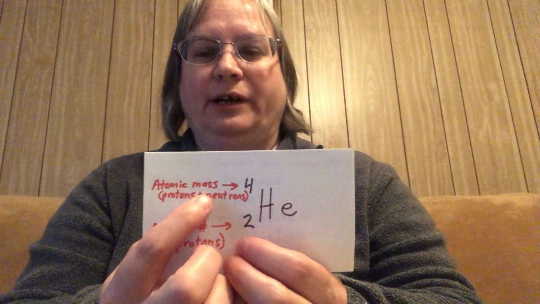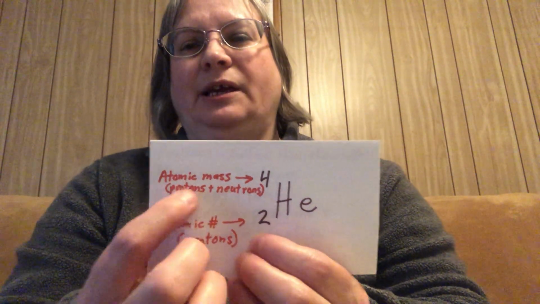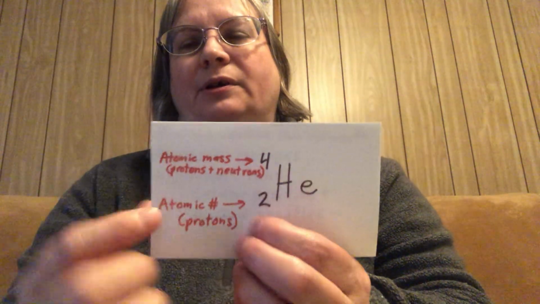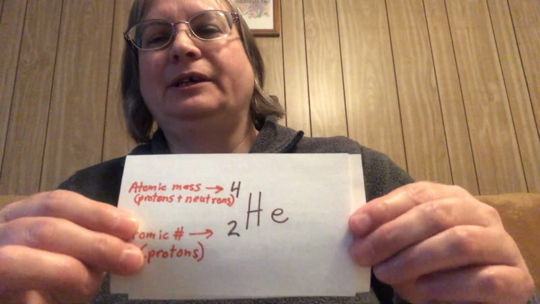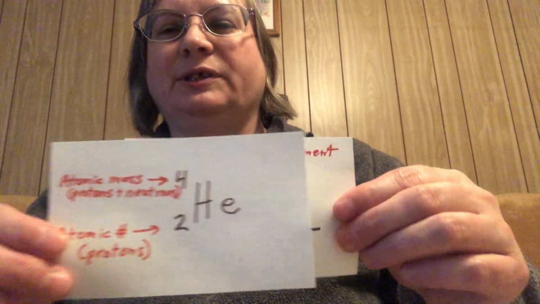So weight and mass are not the same. But it helps me to think of it, at least on Earth, as something related to weight. So our helium weighs 4. But that is not technically correct. So if you are a scientist, you will not want to use it that way.